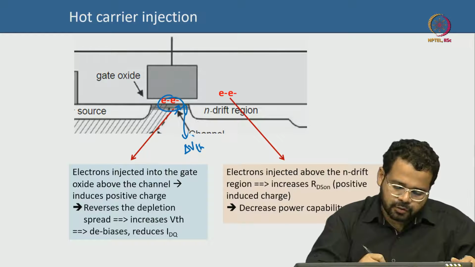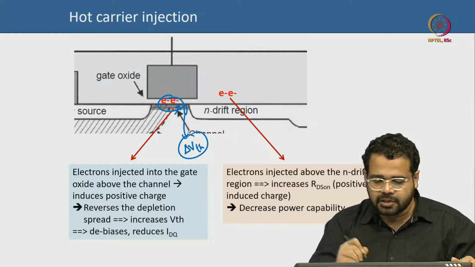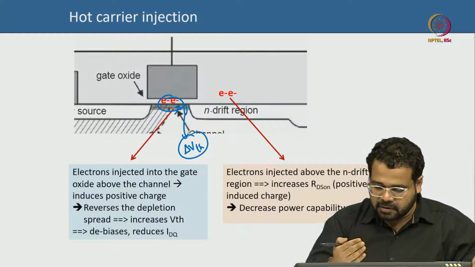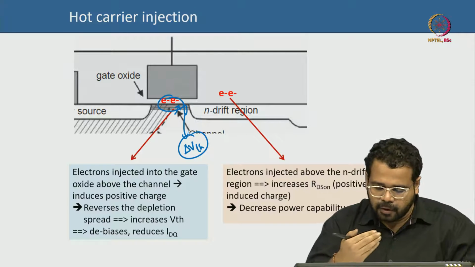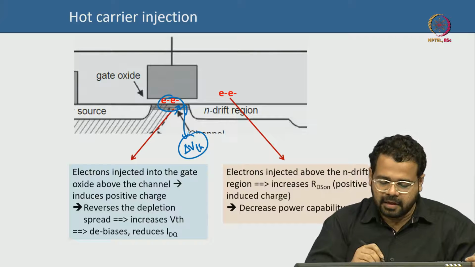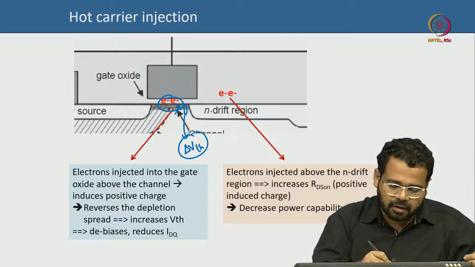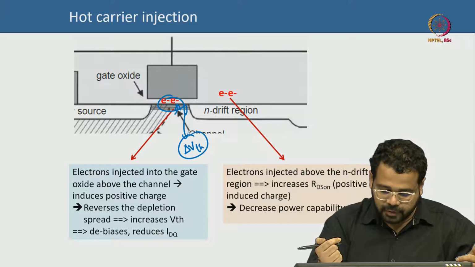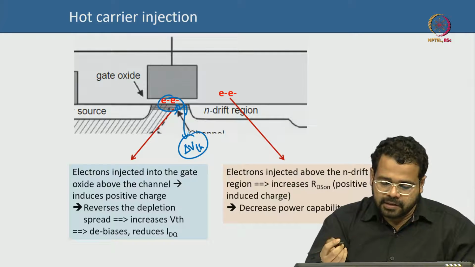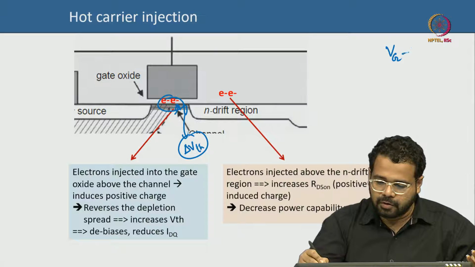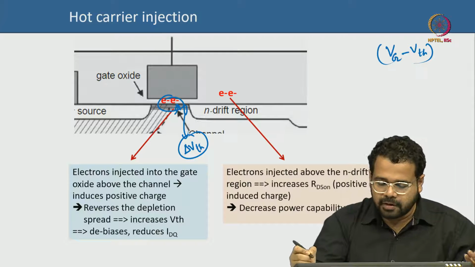Your threshold voltage will shift by some amount delta Vth, okay, and the magnitude of course depends on stress levels, and it depends on the bias, on how many hot electrons have been injected, etc., but the major reliability concern for hot carrier injection in the oxide below the gate is a threshold voltage shift, which is undesirable, okay. And if the threshold voltage changes, of course for a given gate bias your on current might change because your gate overdrive will change, correct.